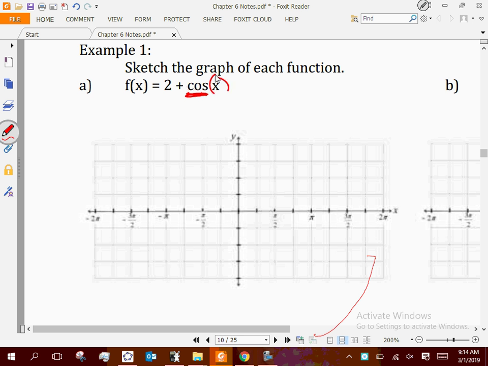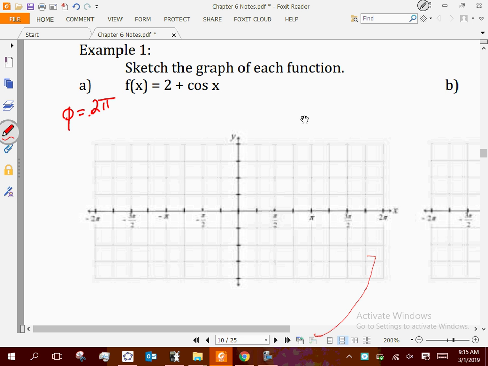Remember the period for the cosine is 2 pi over b, where b is the coefficient of your argument. So it's the 1x right here. So that's the 1. So my period here is just 2 pi. Is that okay with everybody? Okay, so we're going to graph our parent functions on the period of 2 pi.